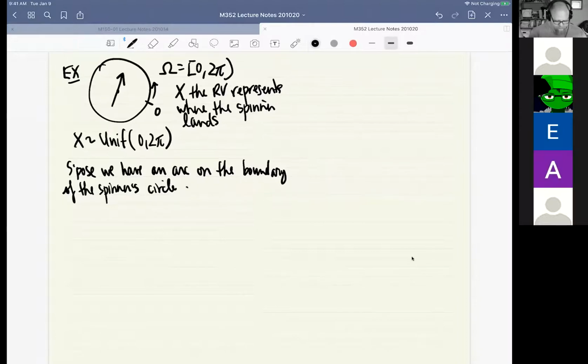And it has length 0.25 radians. Okay, so maybe like right here. If you look at the angle that it subtends there, that angle measures 1/4 of a radian.